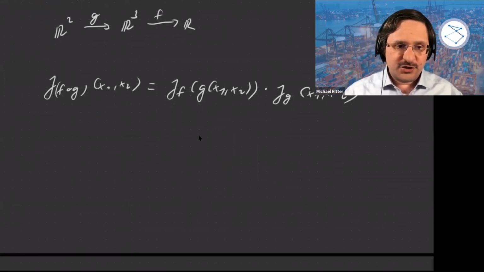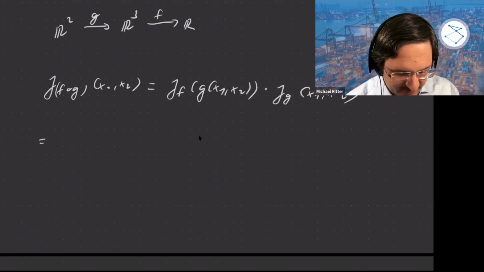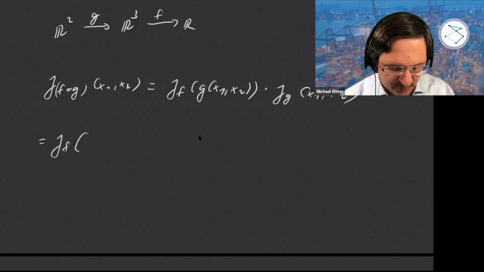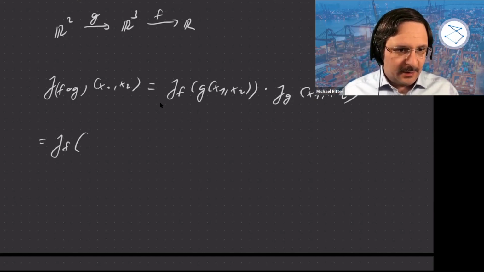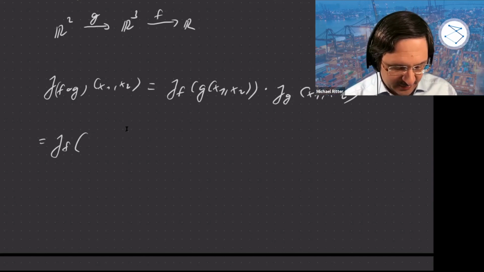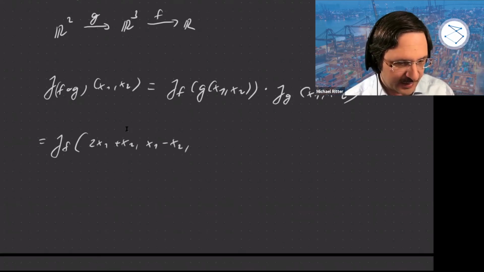Okay, so that's what we're going to do. We already know Jf, we already know Jg. So what we need to do is compute Jf at the point g of x1, x2. Now g is given by 2x1 plus x2, x1 minus x2, and x1.